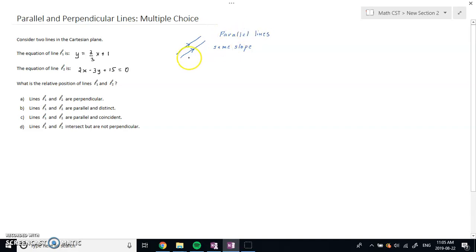Now these ones are called distinct lines because they're not on top of each other. But if I were to have a parallel line, and then I were to come along and put another line straight on top of that line, where there's two lines on top, they have the same slope and the same y-intercept.